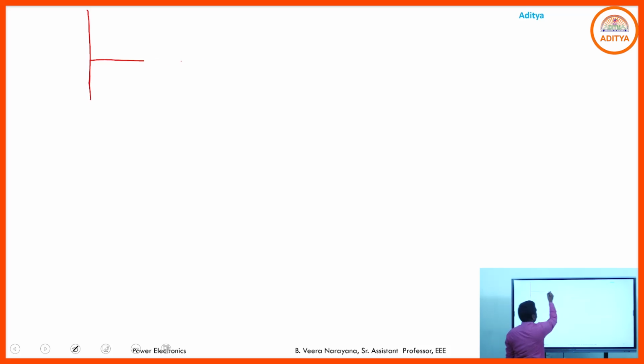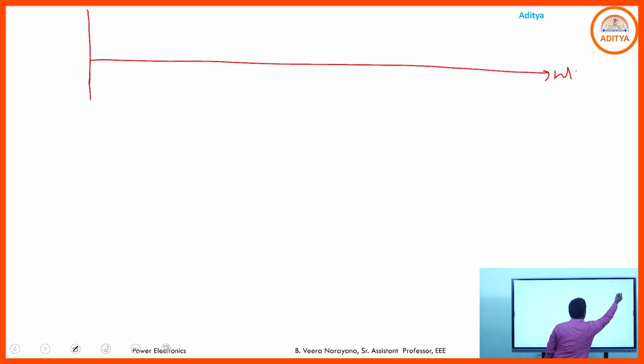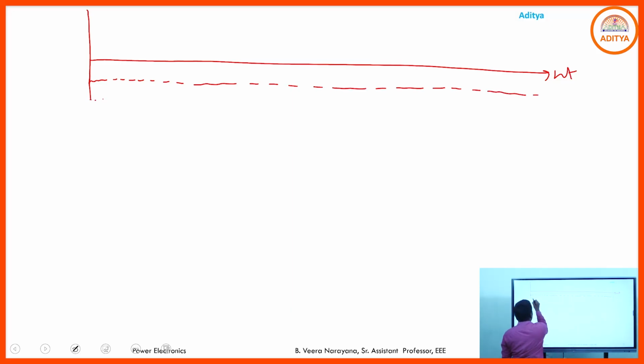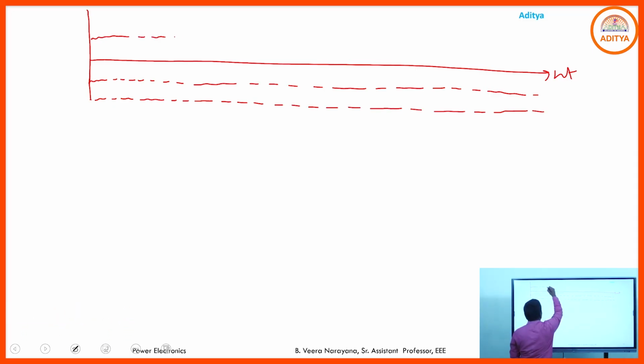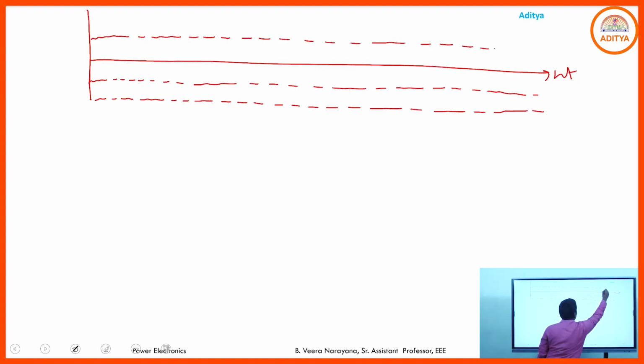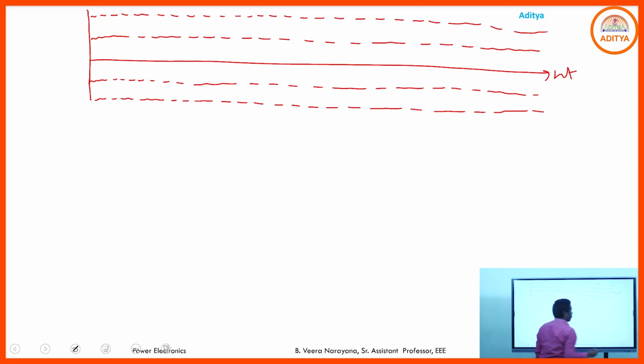You just draw the line voltages. You follow the procedure: simply take the reference line, and below the reference line and above the reference line draw the two dotted lines. Later you divide vertically.